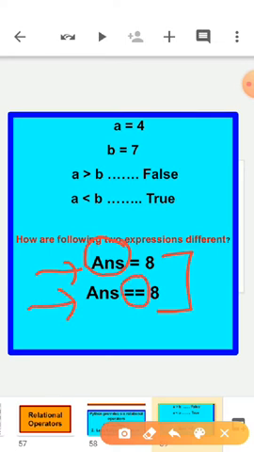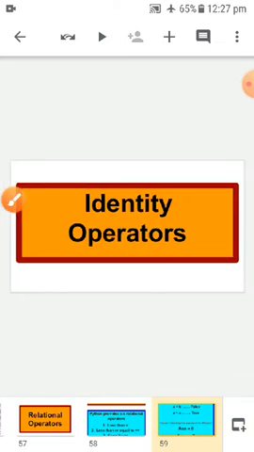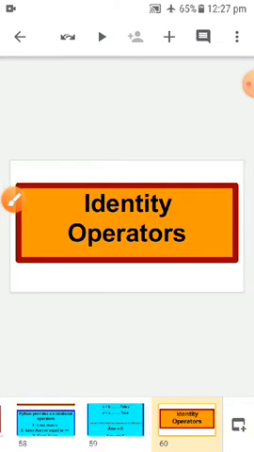What is the meaning of this? ans is a variable having some value. Is that variable equal to 8? Here you are asking whether the ans variable is equal to 8 or not. Whereas in the first, we are assigning the value 8 to ans. Okay, so now we have discussed the relational operators.